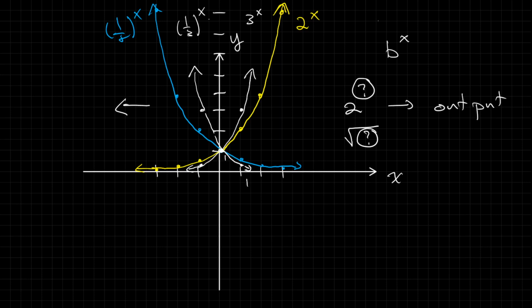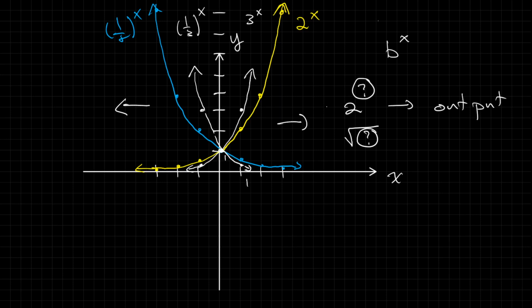And for 1/2 to the x and 1/3 to the x, as x goes to positive infinity, their y values get close to 0. But the important thing to say in terms of the horizontal asymptote is that it doesn't have to be both directions, it just has to be either the plus infinity or the minus infinity direction where the y values get very close to 0. And that makes y equals 0 a horizontal asymptote for all of these functions.